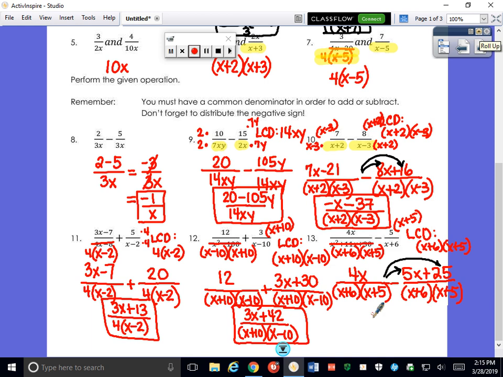Which is going to end up having 4x minus 5x, which is negative x, and minus 25, all over our LCD of x plus 6 times x plus 5. Okay, page 2.